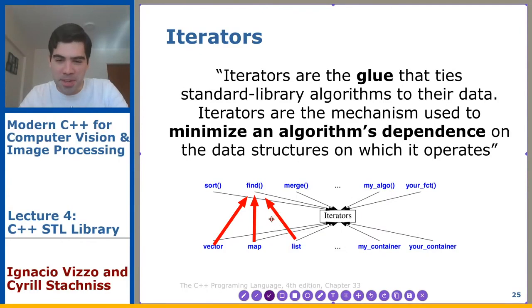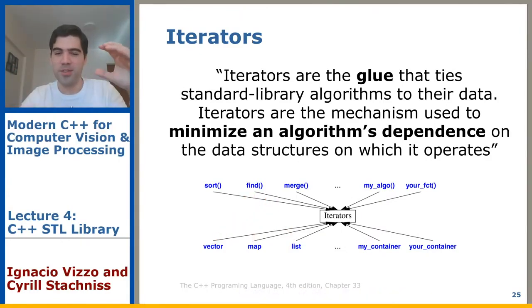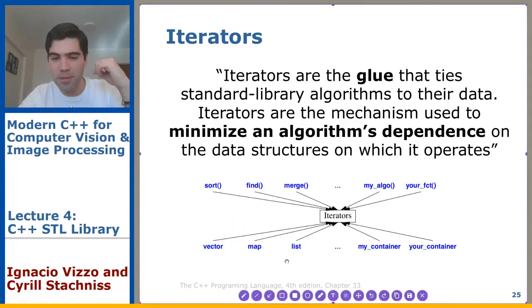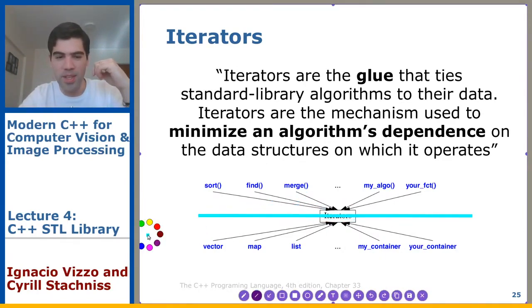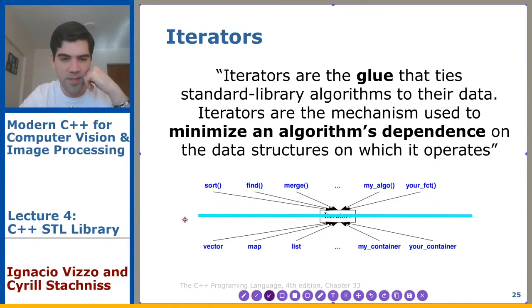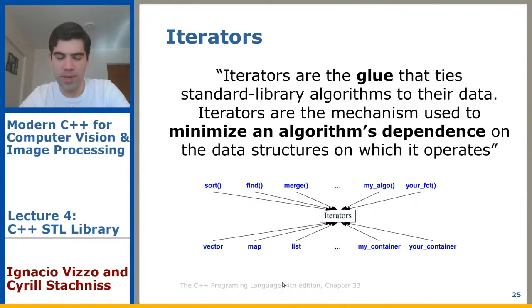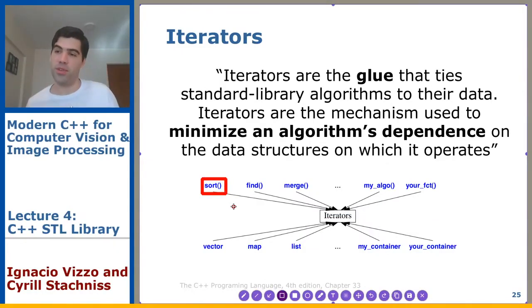A much better idea is to use the iterators as a sort of interface. Something like this. So this will be the interface between the algorithms and the data, right? Here you have data and here you have algorithms. And then you will write one unique sort function that will be operating with iterators.